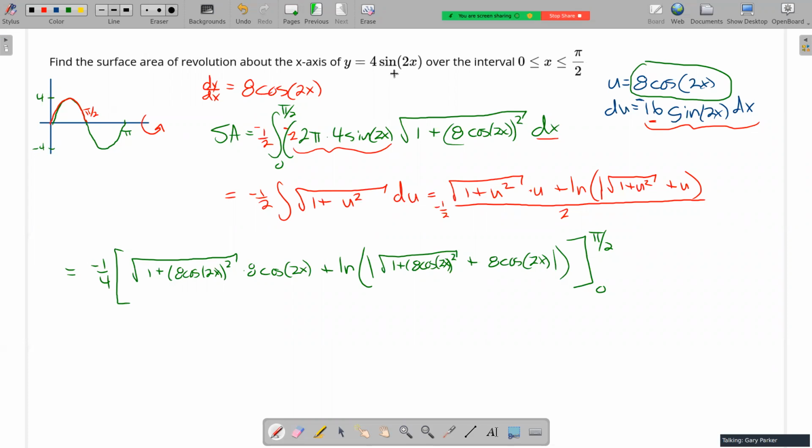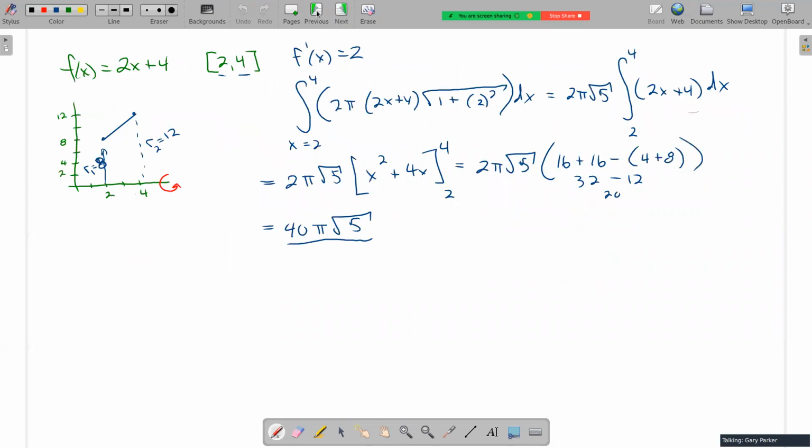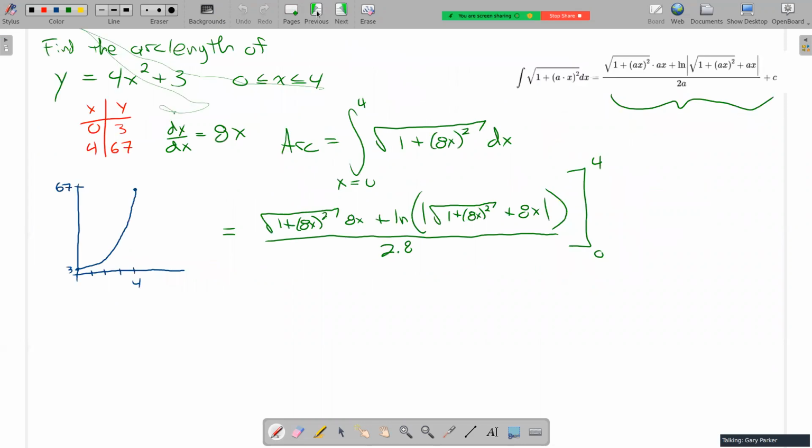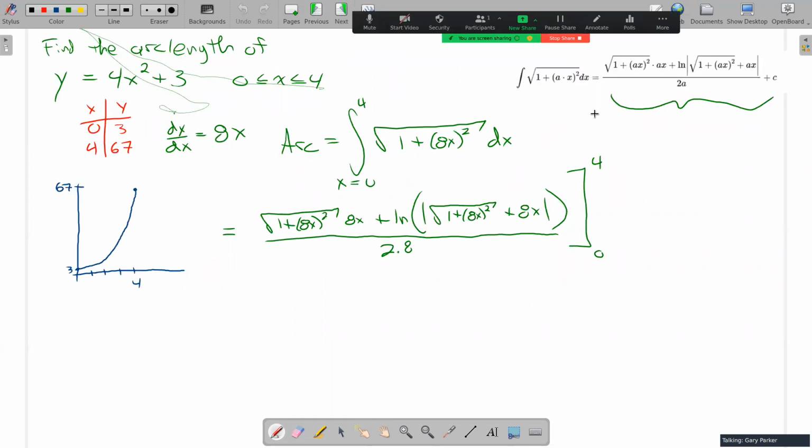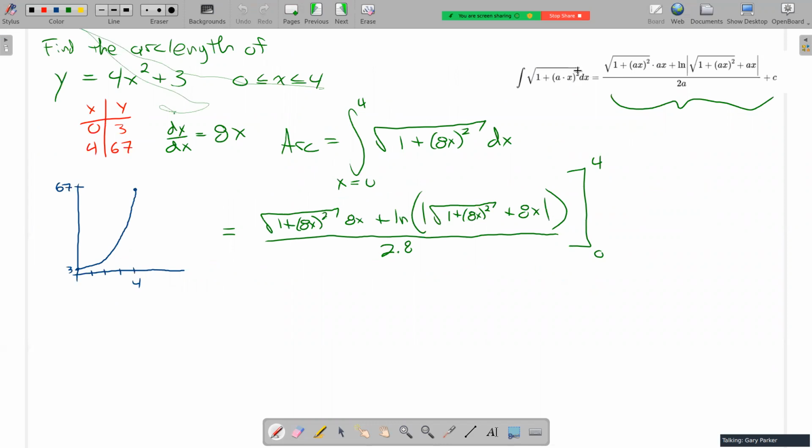Interesting. So I must have mistyped something there. Let's double check that formula, which I'd used earlier. Okay, antiderivative of 1 plus ax squared, which is kind of like my u, but my a is 1. That looks right.